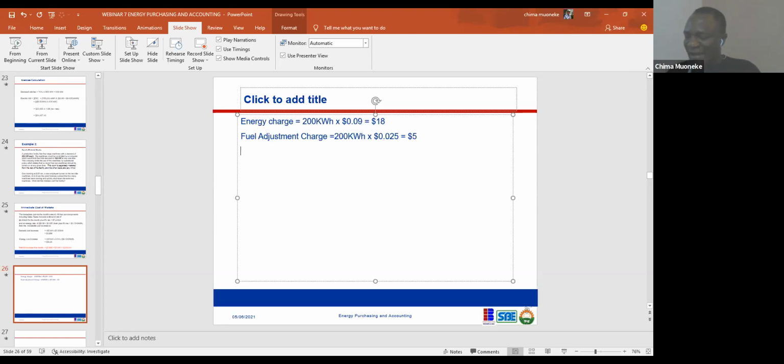Then let us now calculate the demand charge. Extra demand is 400 kilowatts, times the demand rate, which is $6.5 per kilowatt.